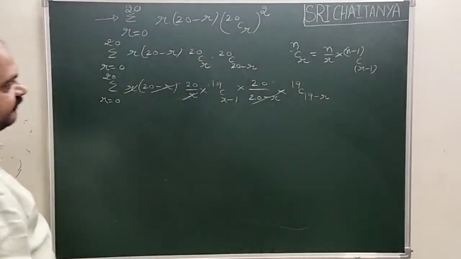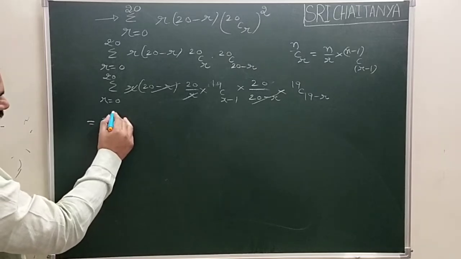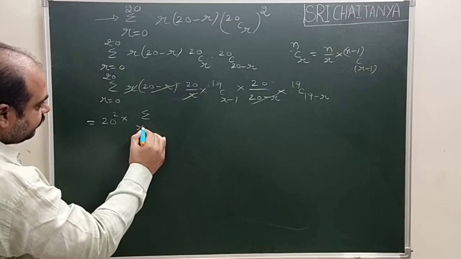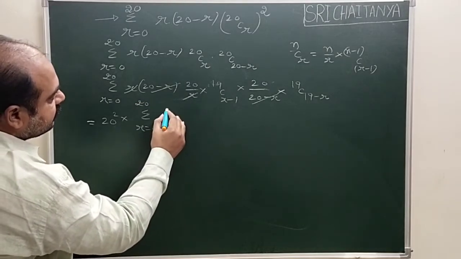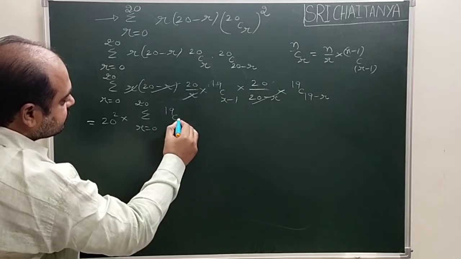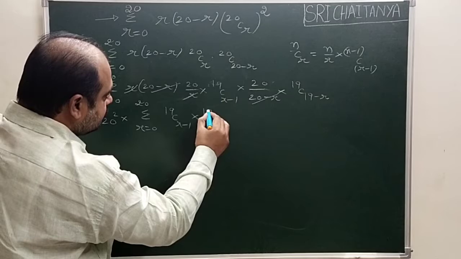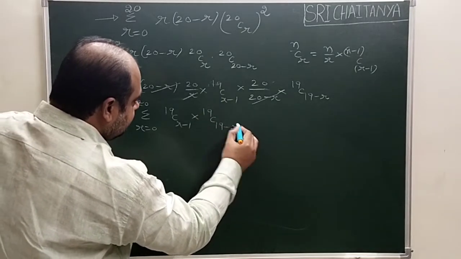So therefore you will get 20 square into, now got product of binomial coefficients, 19C(R minus 1) into 19C(19 minus R).